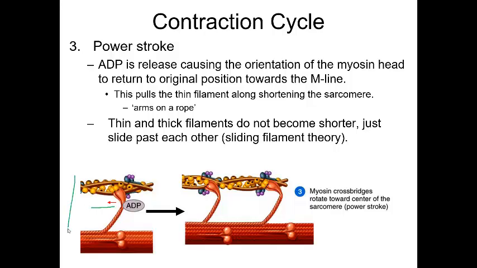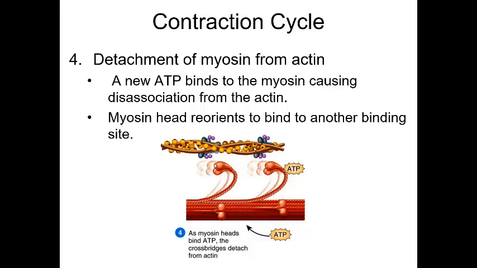So the M line, imagine the M line right here. So this is going to move towards the M line. So this is why the sarcomere shortens. So it slides towards the M line. In the next step, it detaches, and it has to detach so that it can reattach to the following binding site and form a cross bridge again.